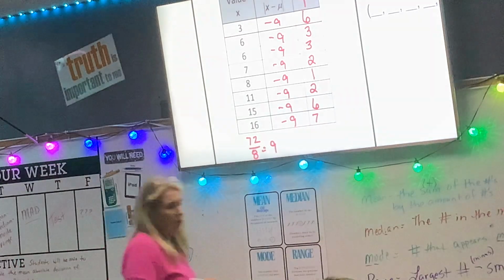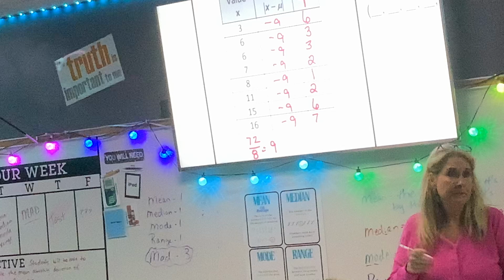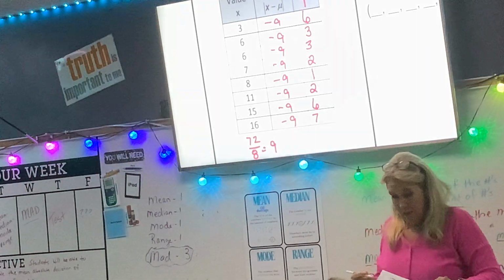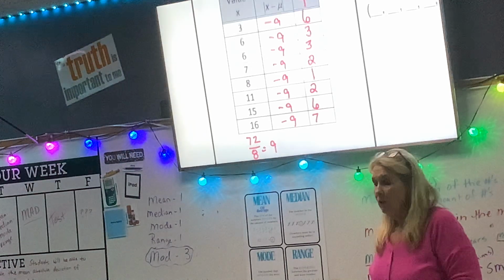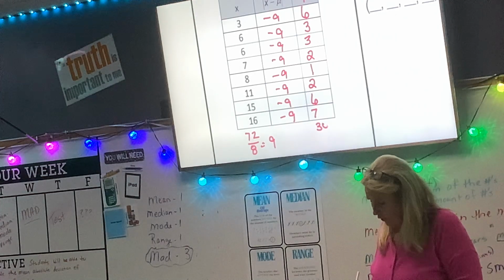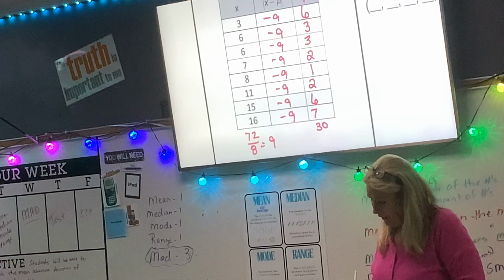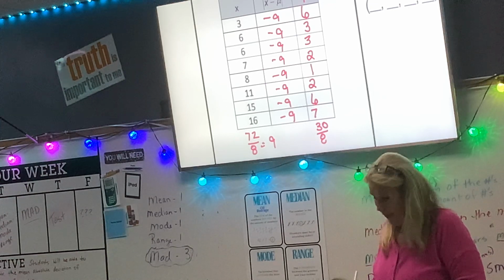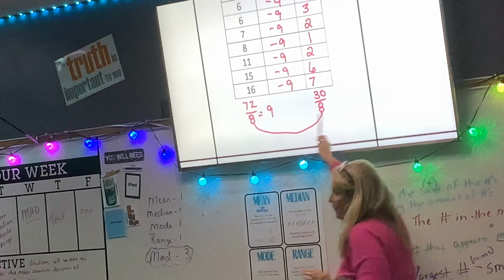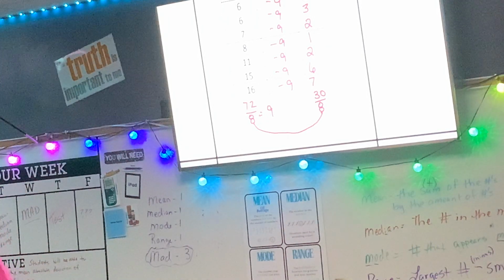You're adding up the third column because you're finding the mean of the third column. What did you get as your total when you added? 30. How many numbers did we have? 8. Okay, because look, whatever you divide by here, it's going to be the same number. Even if you have zeros in there, okay, it's going to be the same number because 0 is a number.